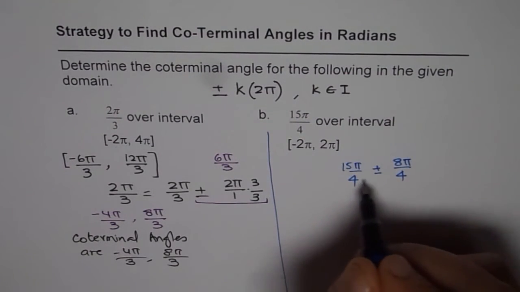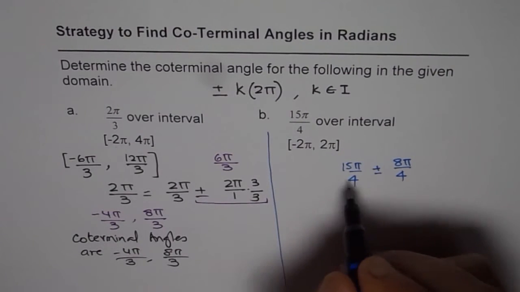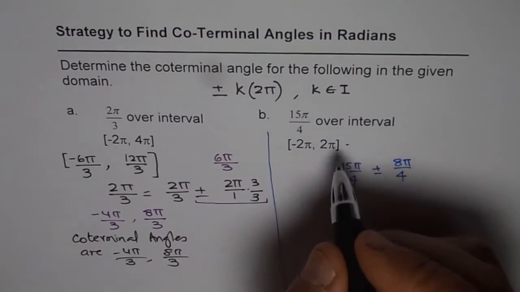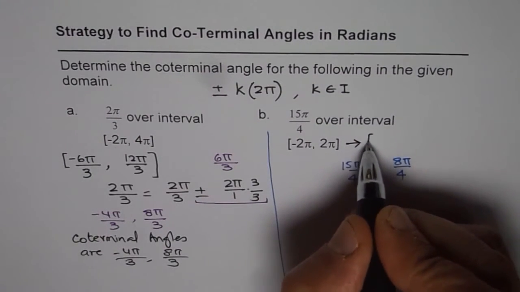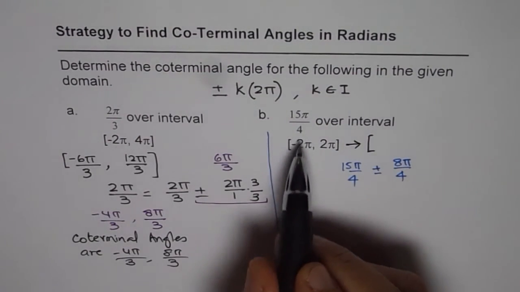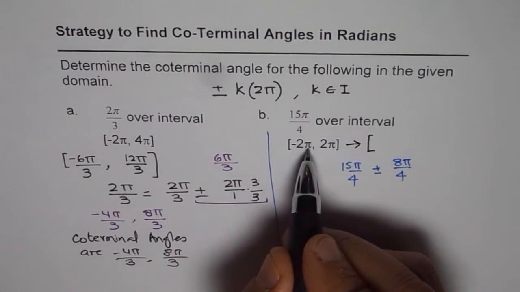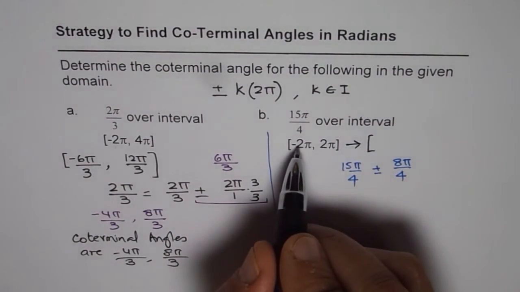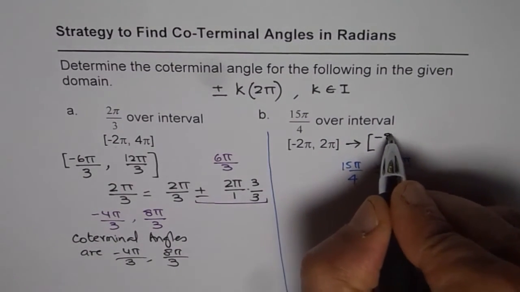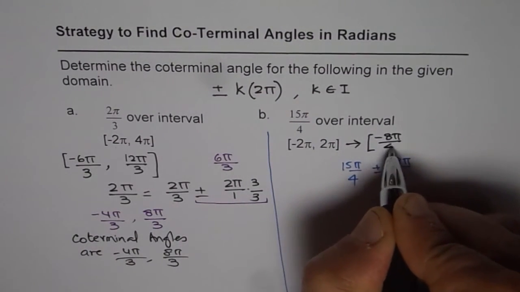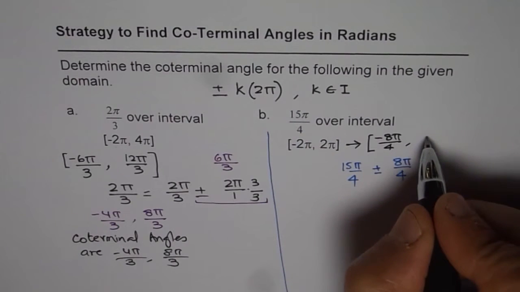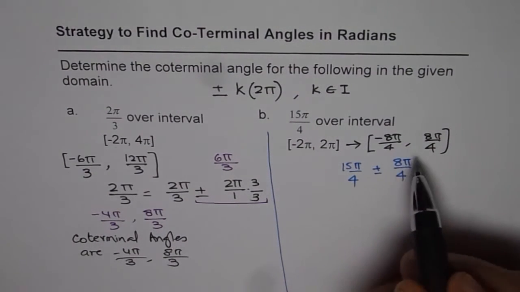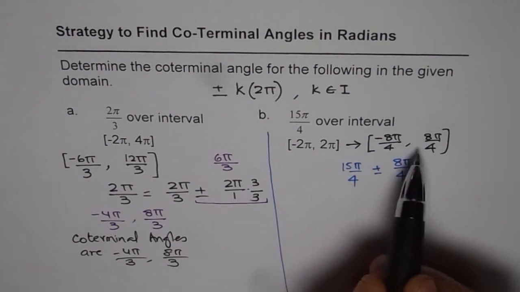So that is what we are going to do. And the interval for us is going to be transformed now. So we'll transform this interval to in terms of pi by 4. So we have 2 pi minus and plus. So if I divide by 4, I have to multiply by 4 also. So I get this as minus 8 pi by 4 to plus 8 pi by 4. So that becomes my modified interval, which is actually the same, right?